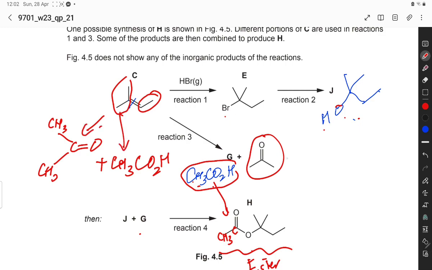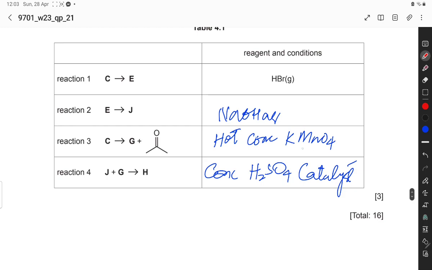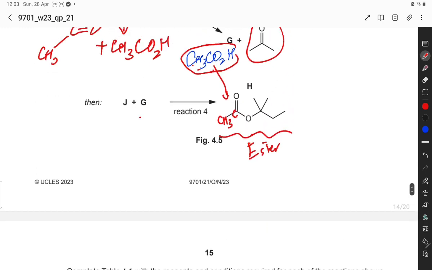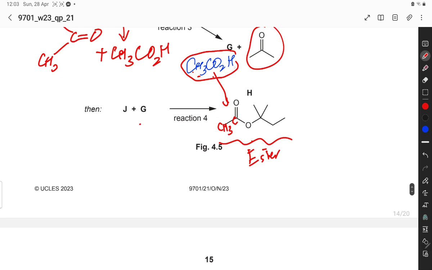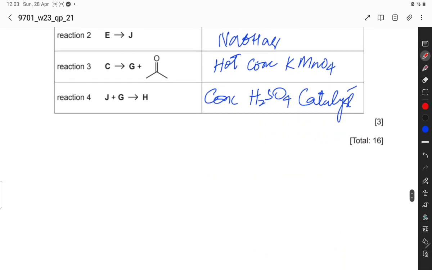Then J and G react with concentrated sulfuric acid. This is the catalyst, because one is a carboxylic acid and the other is an alcohol. When they react with each other, this is a condensation reaction, and condensation takes place in the presence of concentrated sulfuric acid.